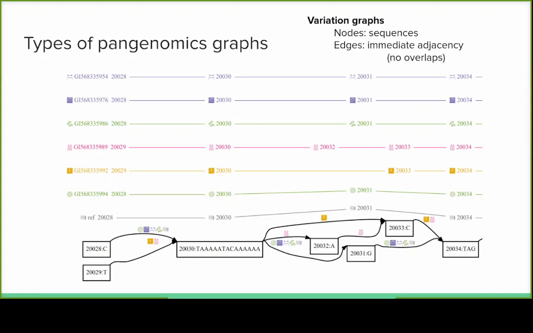That's a figure taken from, I think, the VG GitHub page by Erik Garrison. The first seven rows correspond to genomes decomposed into blocks, and the very last portion of the slide is the variation graph per se. So the genomes are pre-aligned together, and then we can construct the variation graph by just collapsing the identical blocks.